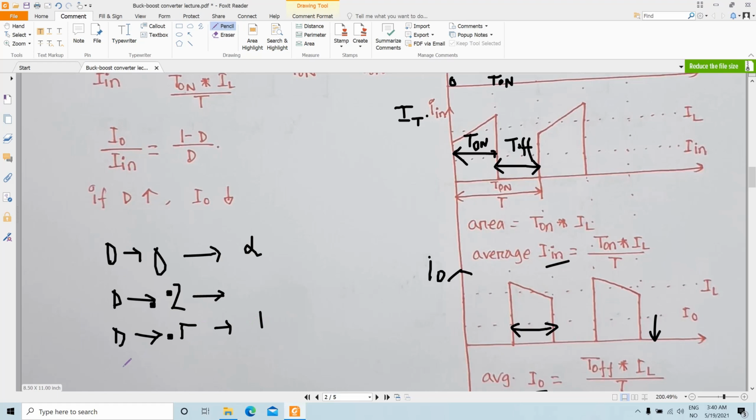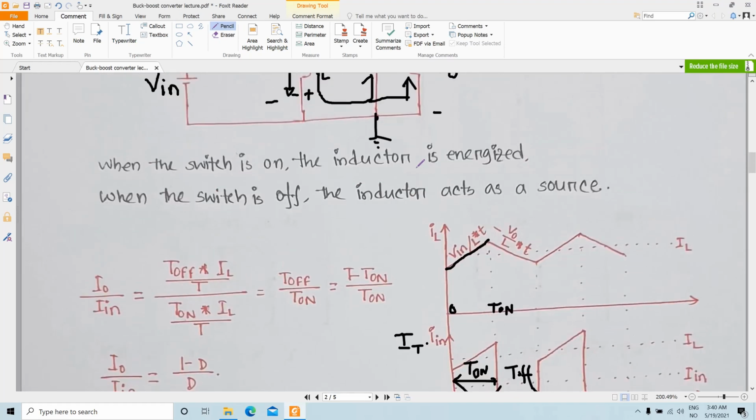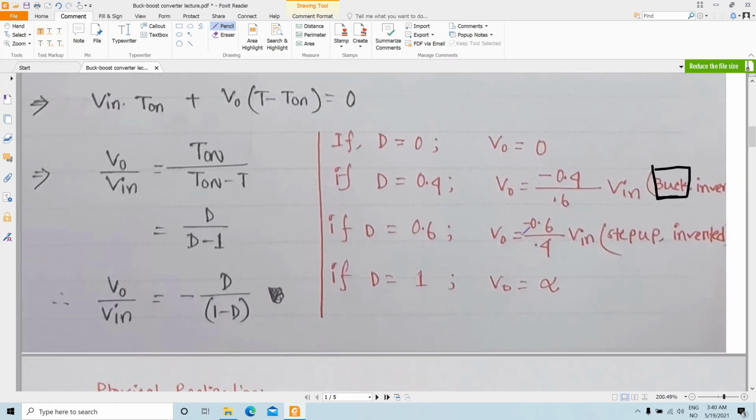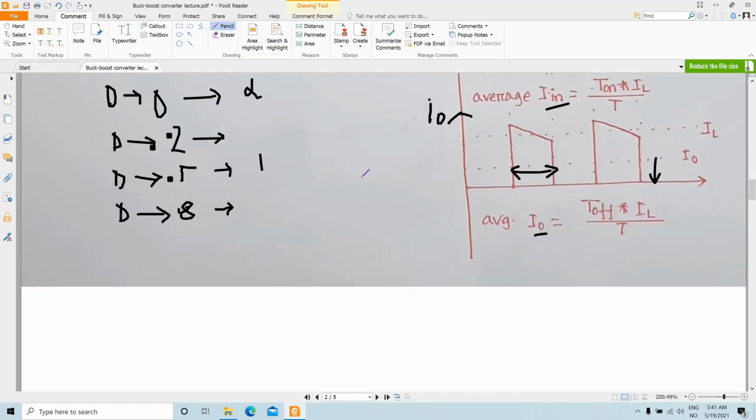And when D is higher than 0.5, let's say 0.8, the numerator becomes smaller than the denominator, so the ratio becomes less than 1, which means your output current is less than your input current, and during that time the converter is operating in the step up mode, or the boost operating condition.